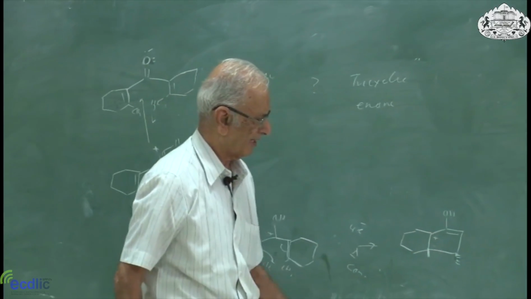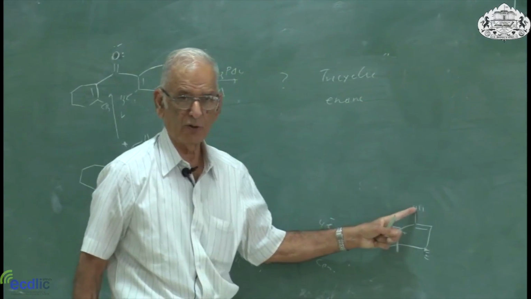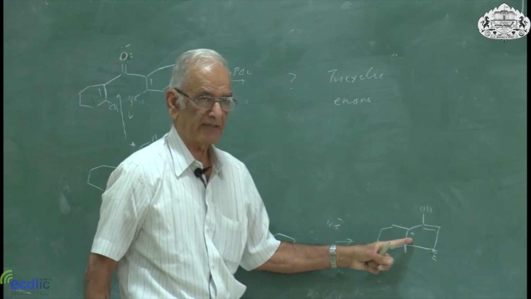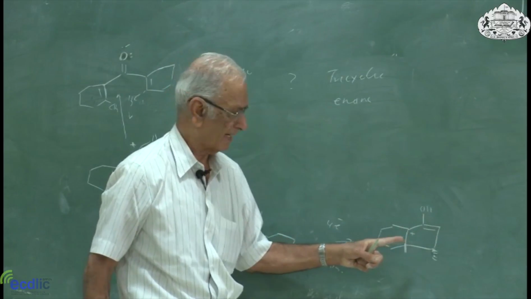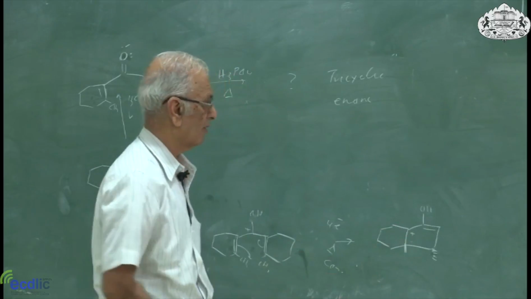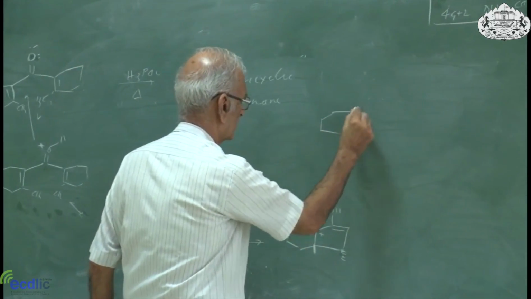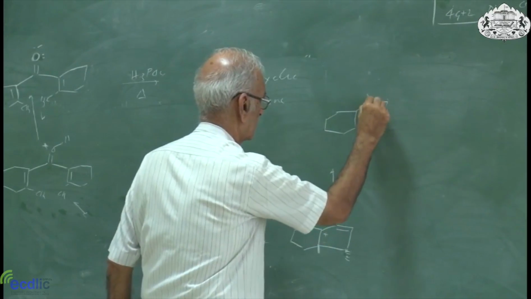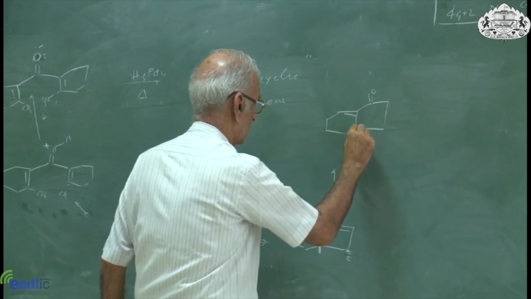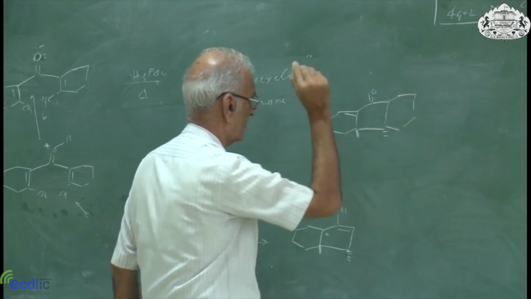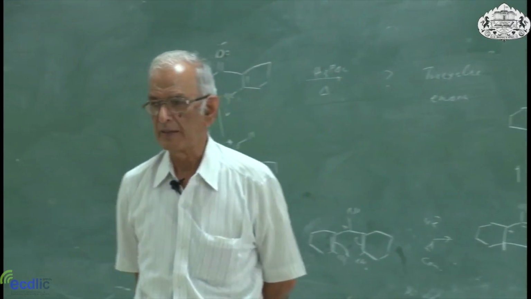Okay. So, now what will happen? This is the enol form, it will go to ketone, and this positive charge will be stabilized. How will it be stabilized? By loss of a hydrogen. So, that is going to be the product.